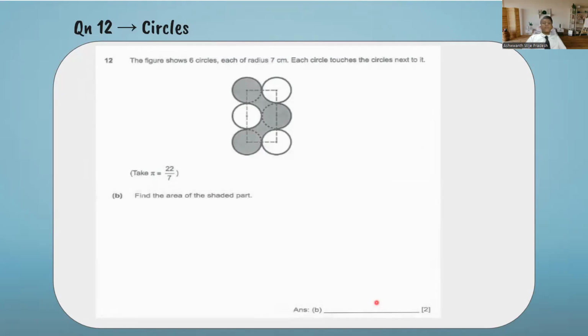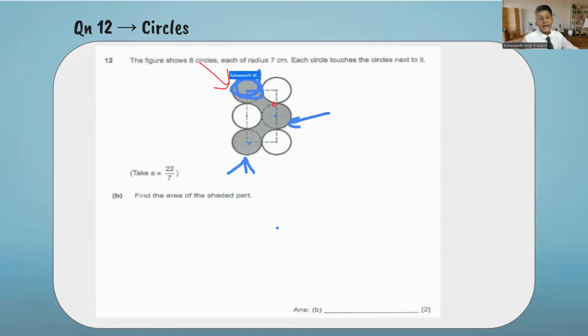So this is part B. Find the area of the shaded part. So how are we going to do that? So we know that this is a full circle, and we can find the area of 3 full circles. 1, 2, and 3.